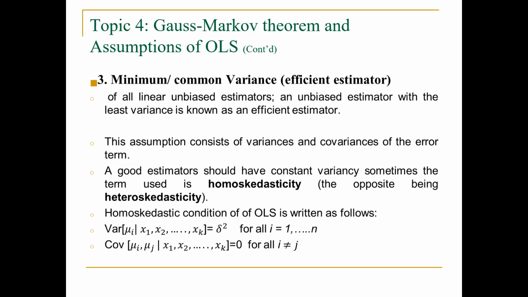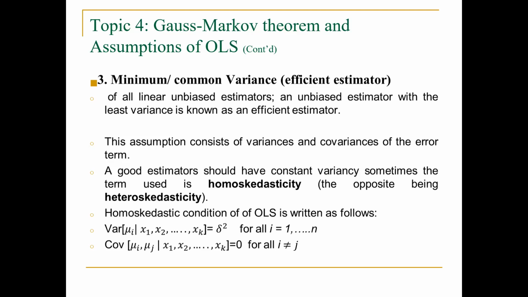One is for the beans, and it has an error term, mu i, and another model is for the banana farmers, also having an error term, maybe we call it mu j. We're saying that the two error terms from two different models for beans and bananas should not be the same. So when we talk about covariance, it means the error terms coming from two different models.